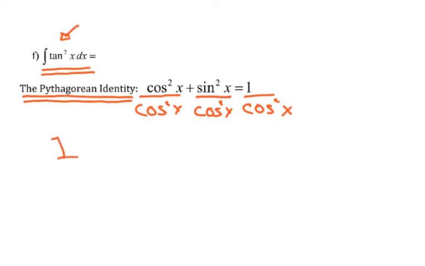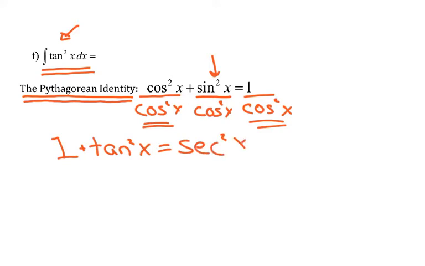This term is equivalent to 1. What is this? That's tangent squared x. And what is this? Secant squared x. Okay, now I want to solve for tangent squared x.